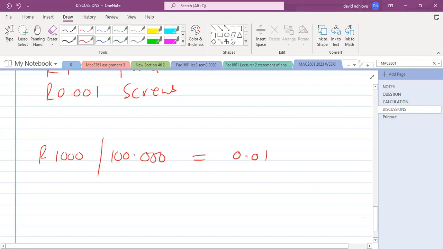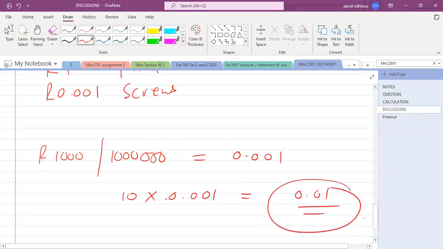Let's say there were 1,000,000 screws, which means each screw is actually costing you 0.01. So if you are using 10 screws for each chair, this is going to cost you 0.01. So the cost of the screws, compared with the other material that has been used, is almost insignificant.